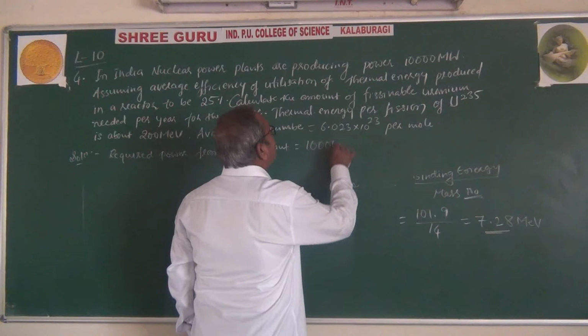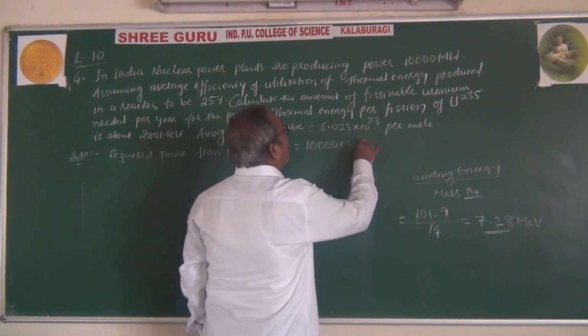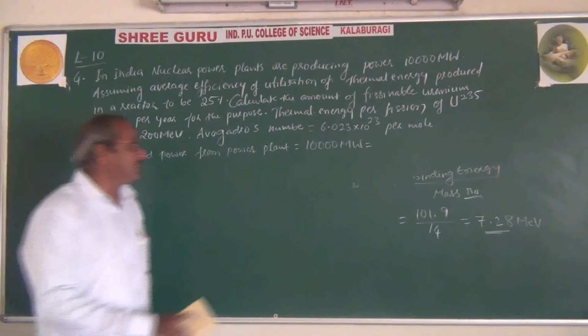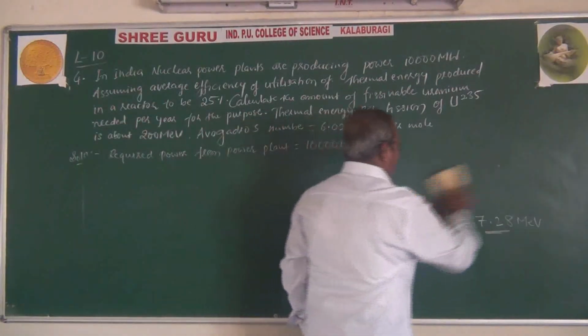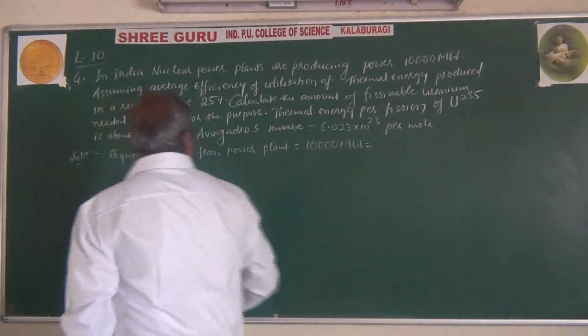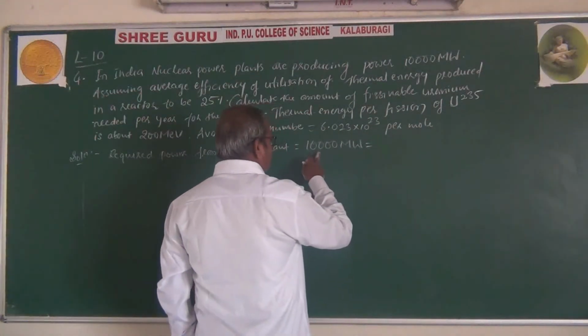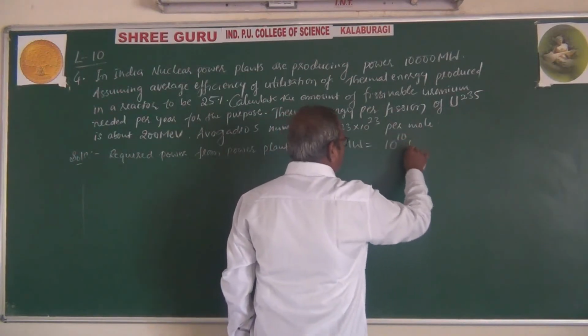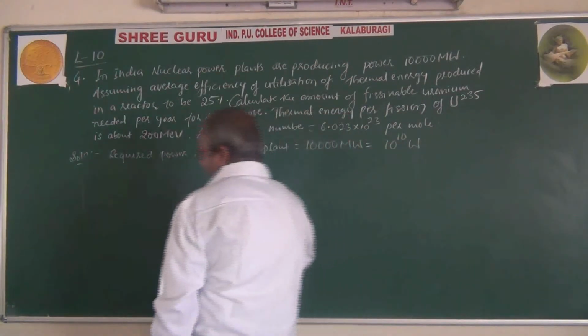10,000 megawatt. As you know, mega is nothing but 10 raised to 6. 10 raised to 6 into 10,000, totally it becomes 10 raised to 10 watt is the power.